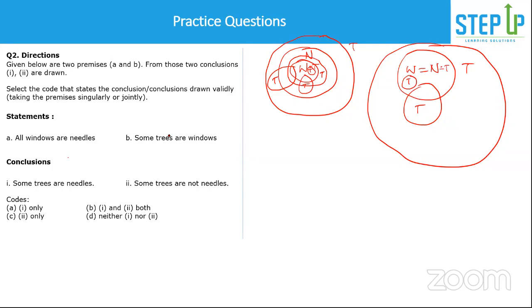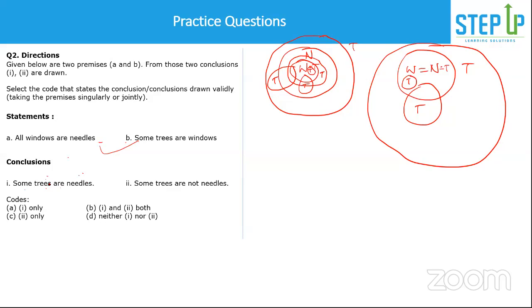Now we will look at the question. The question says I have to merge these two to draw a conclusion. The conclusion has to be true in all the cases. It says some trees are needles. That means I have to find cases where some trees are needles, meaning there has to be at least some overlap. One of the shortcuts I'll tell you: instead of finding where some trees are needles, you find the reverse.